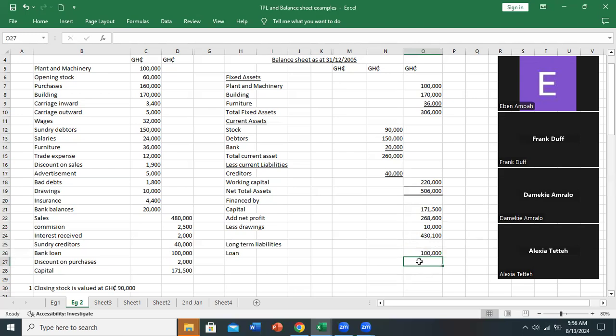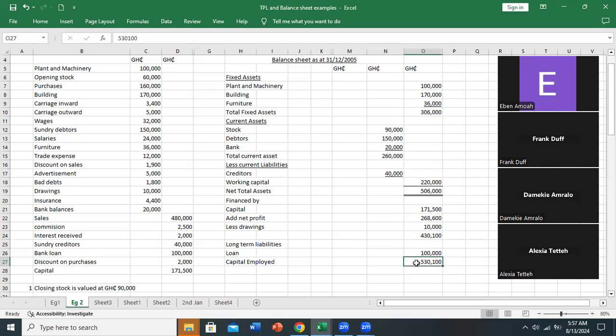So let's sum that up and see. We are going to get how much? 530,100. So our capital employed, right? Which is expected to be equal to the net total asset.